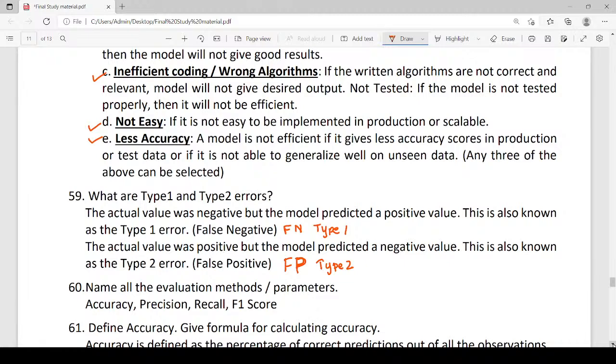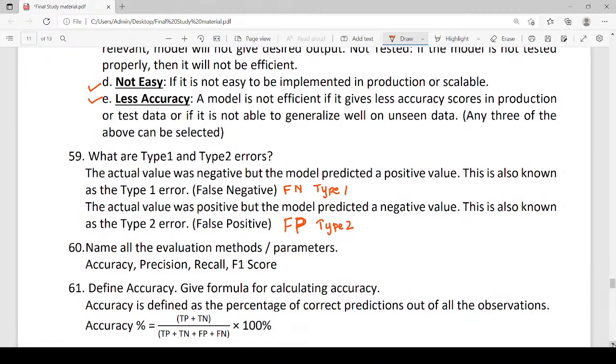Now we define accuracy as the percentage of correct predictions out of all the observations. So here we write accuracy percentage because we are going to be multiplying it by 100. So correct predictions is what? Machine says yes and it is there in the reality. Machine says no and it is not in the reality.